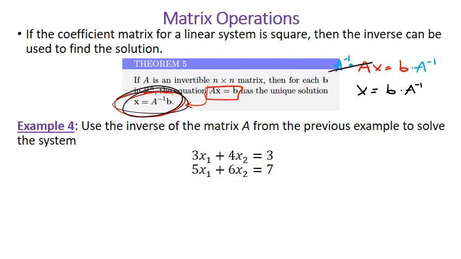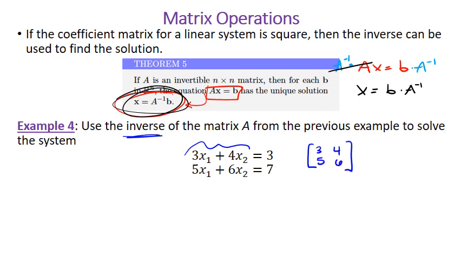Okay, so let's take a look at what we have going on. Here I have a system of equations, and it says use the inverse of matrix A from the previous example to solve the system. Now, if you look at this here, these coefficients are the exact same thing as what we had in the previous problem.